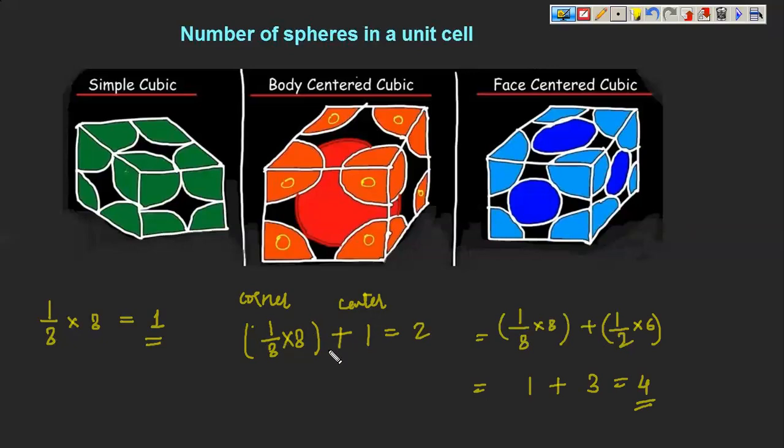If it is a covalent or metallic solid, then it is an atom. So all the particles we represent with a single term: sphere. This sphere may be a molecule, an ion, or an atom, depending upon the type of crystalline solid.